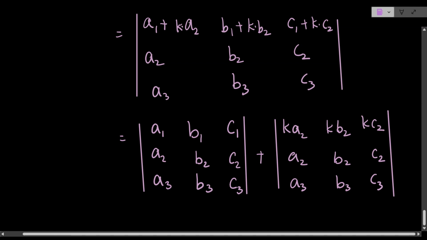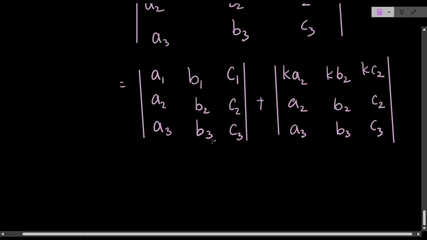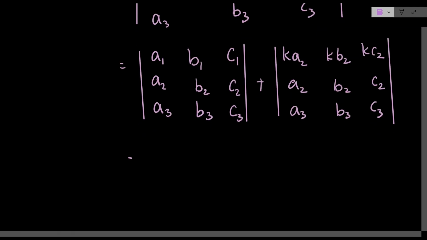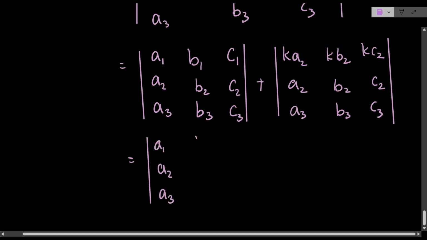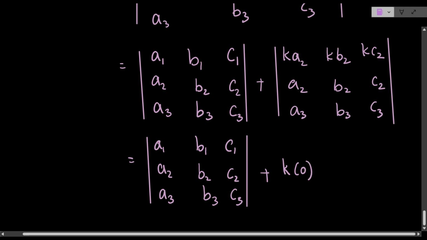The value of this determinant does not change and the final answer will be the same determinant itself. Did you understand, students? Plus this becomes K of 0. Understood? Finally we got the same determinant.